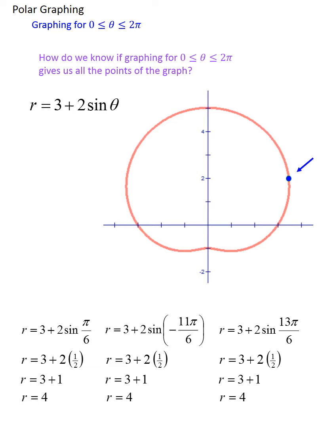Most of the time, you can just consider angles from 0 to 2 pi, but there are some rare cases where we'll see later where that is not the case, where we have to think of theta going beyond 2 pi and also have to think of theta being negative.